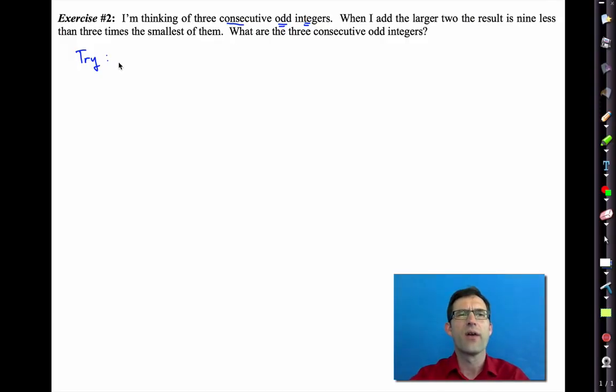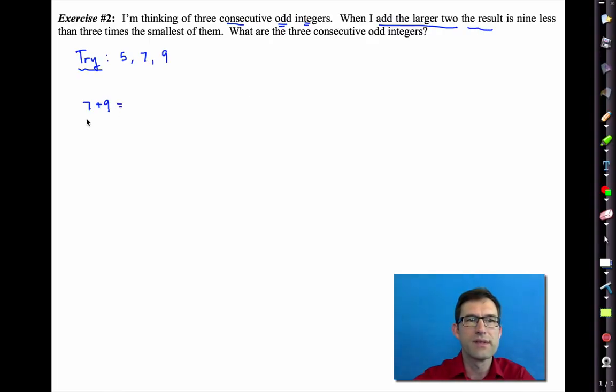Let me just glance at that. All right, let's try some easy ones. 5, 7, 9. Remember, we're going to keep track of what we're doing to these three things, and then do exactly the same things with the algebraic expressions. So what does it say? When I add the larger two, 7 plus 9, the result is 9 less than 3 times the smallest.